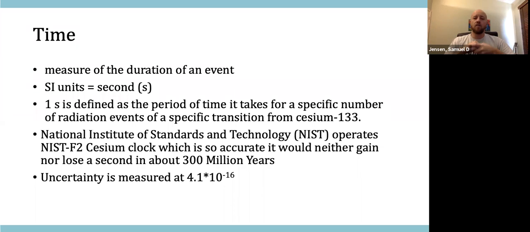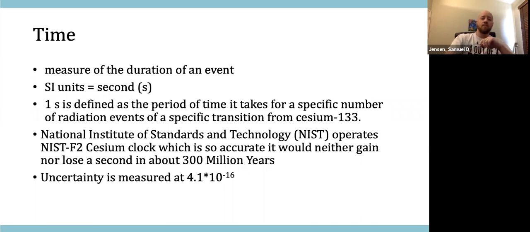Their current version is the NIST F2 cesium clock, which is so accurate it will not gain or lose a second for about 300 million years. It has an uncertainty, and we'll talk about uncertainty, measured at 4.1 times 10 to the negative 16. That is a whole bunch of zeros. That means their accuracy is incredibly fine.